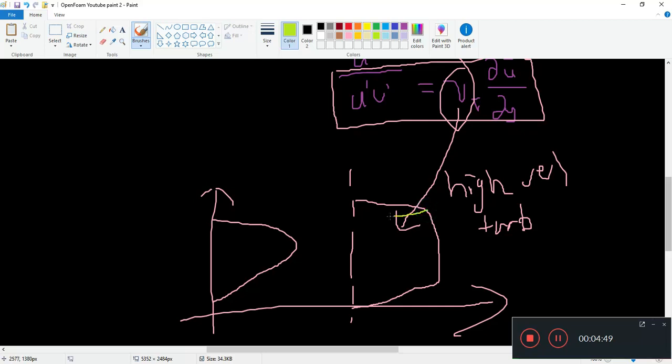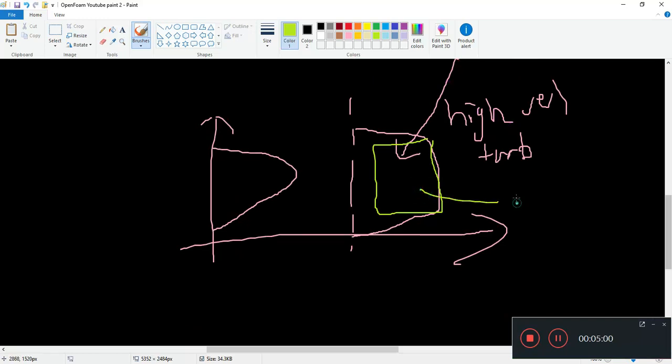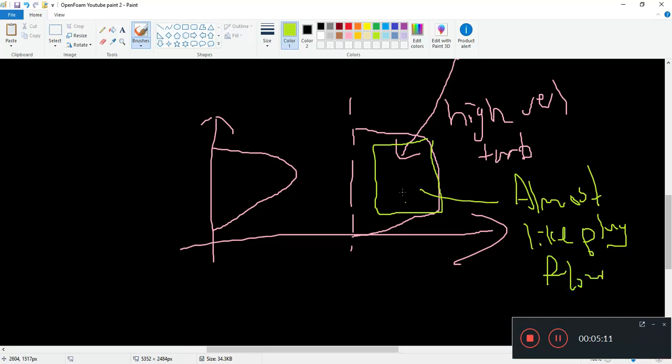That means this block of fluid tends to move as one cohesive piece, almost like plug flow, if you are taking a look at U bar. So this is U bar.